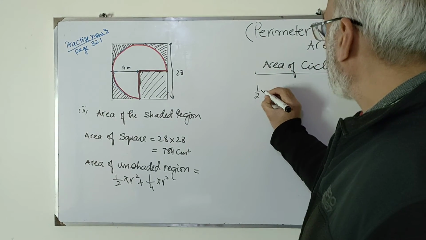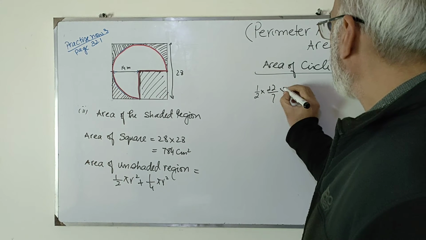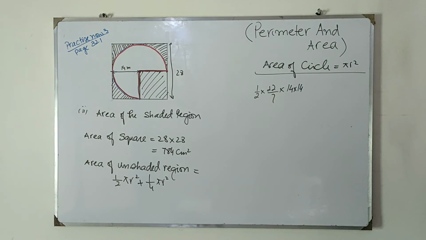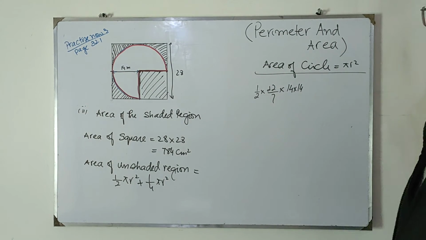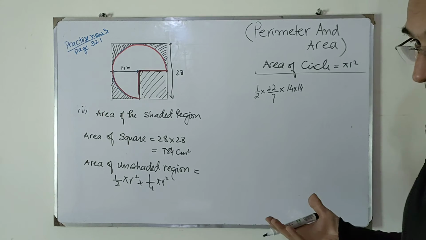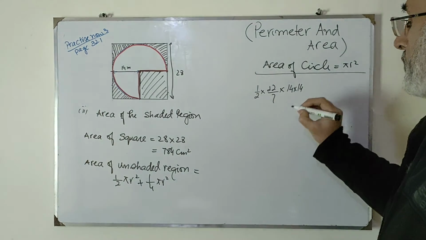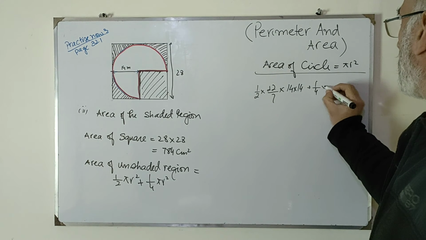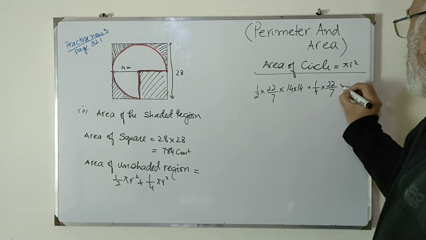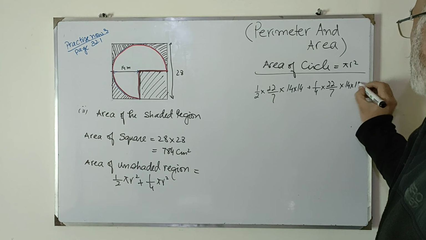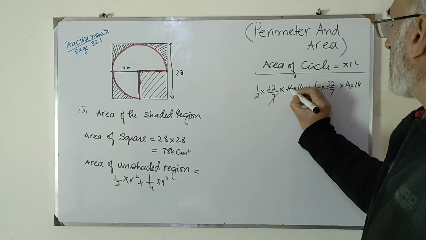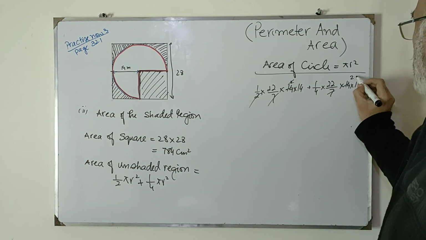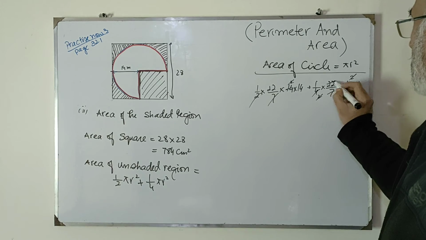1 over 2 into 22 over 7 into 14 into 14. I've not written squared in the first instance because I'm just going to cross out and then calculate. Plus 1 over 4 into 22 over 7 into 14 into 14. Right, now 7 twos are 14, 2 goes with this, and 7 twos are 14 and this is 11.